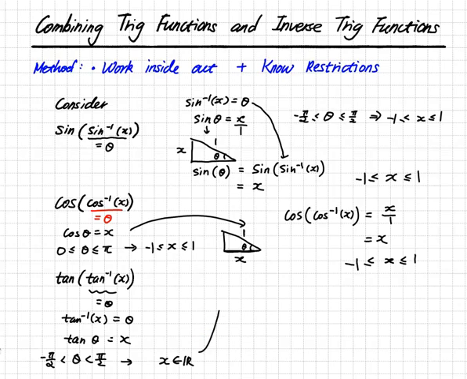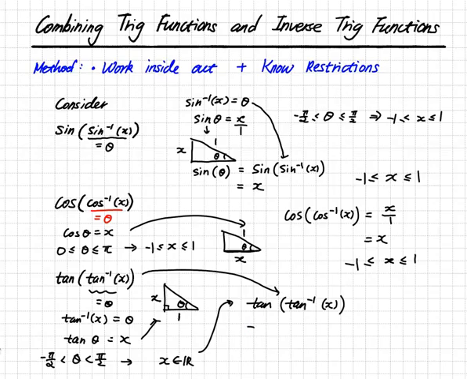From here, we can again use a right angle triangle. Tangent theta is x, so the opposite is x and the adjacent is 1. Now we can rewrite tangent theta as tangent of tangent inverse of x, which is x over 1, which is x, and x can be any real number.